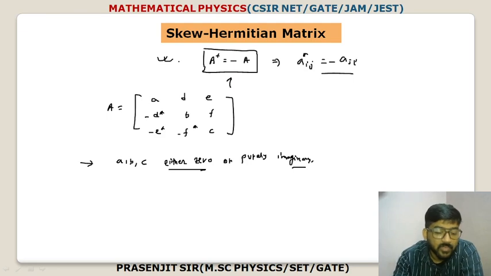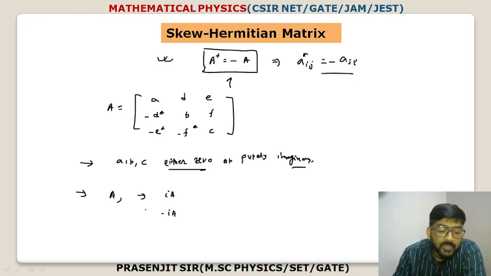of skew Hermitian matrix. And one more important thing, I want to point out that suppose you have a matrix A. Now what will be for matrix IA and what will be for the matrix minus IA? Okay, so if A is Hermitian matrix, then IA and minus IA, these are anti-Hermitian. You should remember.